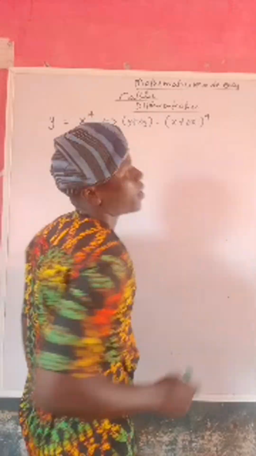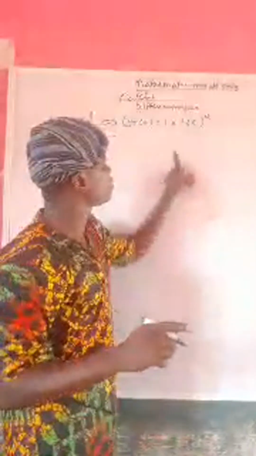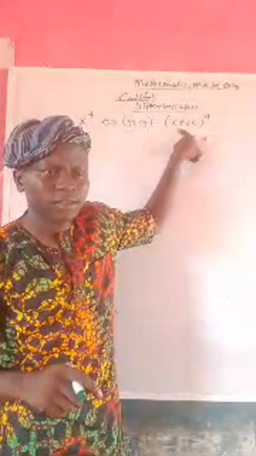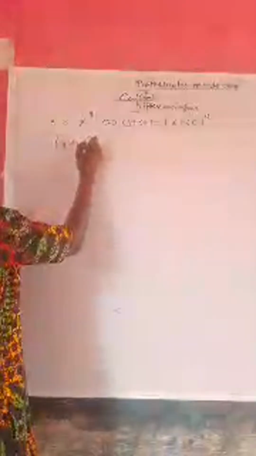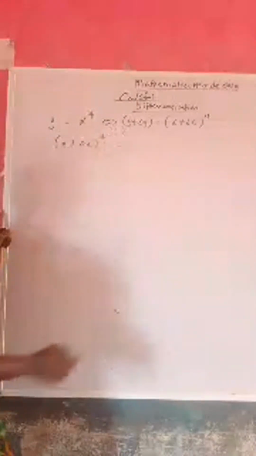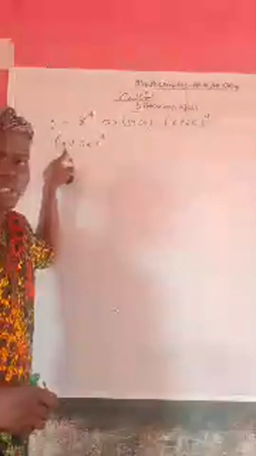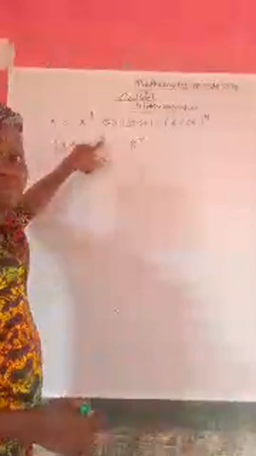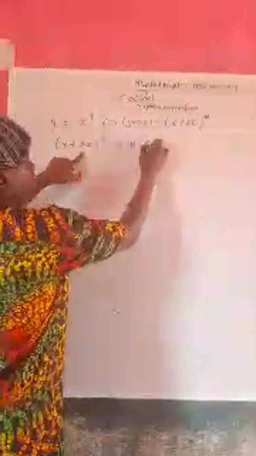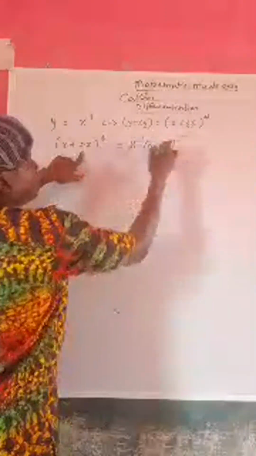So next thing we're going to do now is to expand. Alright, we do what? We expand. So let's expand this. We have x plus increase in x to the fourth power. I said we're going to start with this first quantity, which is your x, then x to the fourth power, okay? Then changing x to the 0th power, plus.